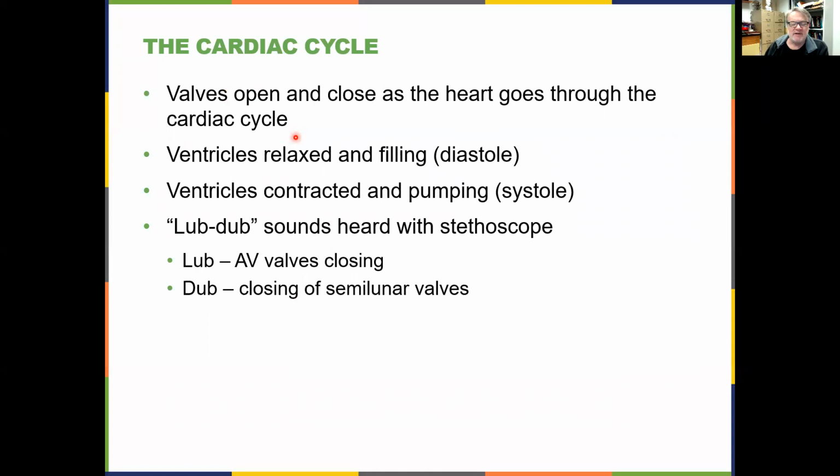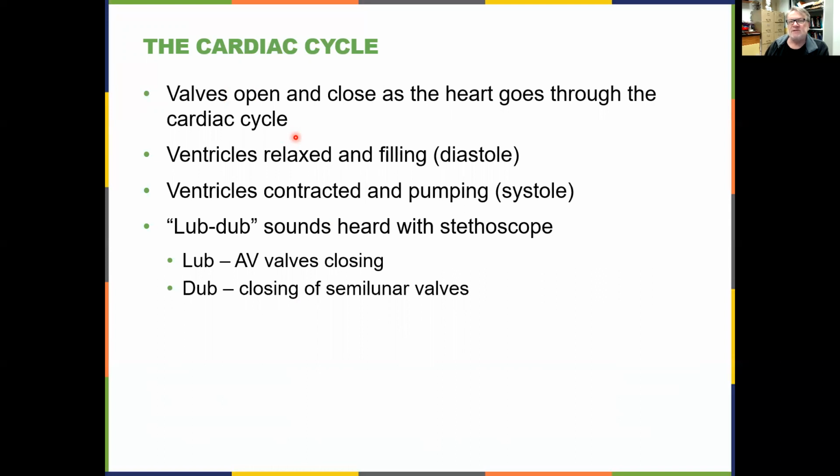And then the slightly deeper sounding dub sound comes from the two semilunar valves that sit between the arteries and the ventricles. When the ventricle is relaxed and blood pressure is higher in the arteries, in order to prevent blood from flowing backwards from the arteries into the heart, which would be inefficient, those valves also have to close, and that's the dub sound.